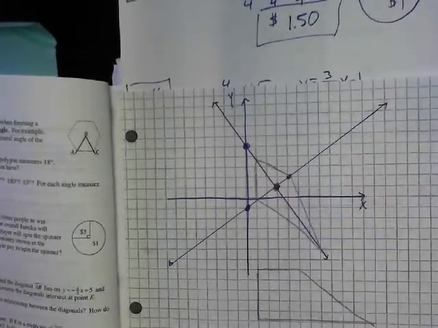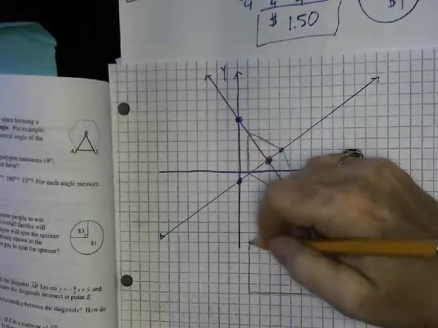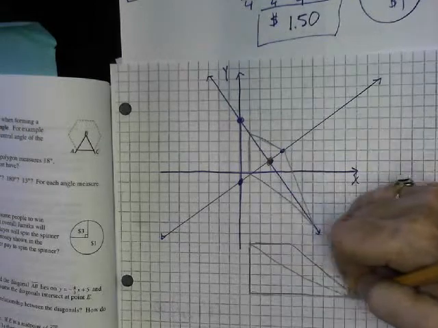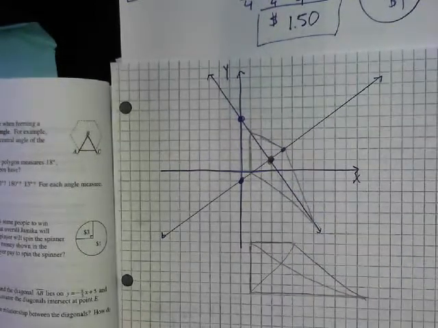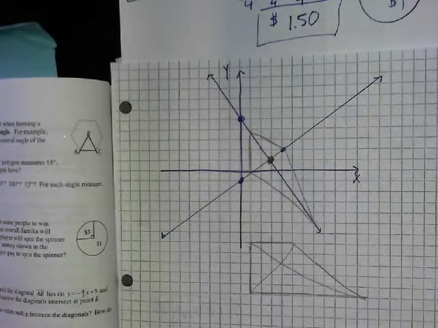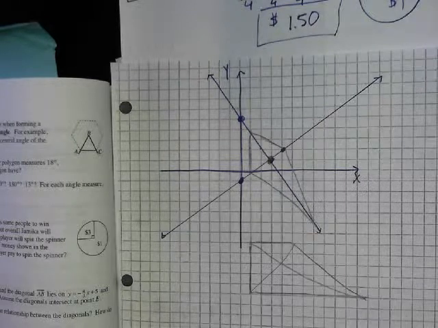I made a right trapezoid, but I'm pretty sure I'm not going to get perpendicular diagonals. Those are not perpendicular. I could certainly skew it and show you that they're not necessarily perpendicular.